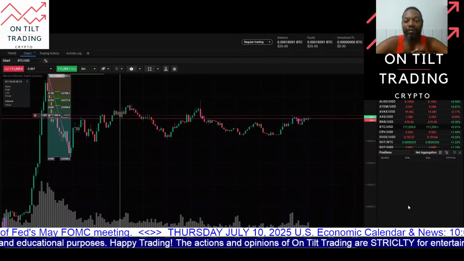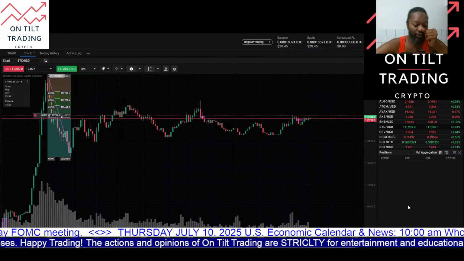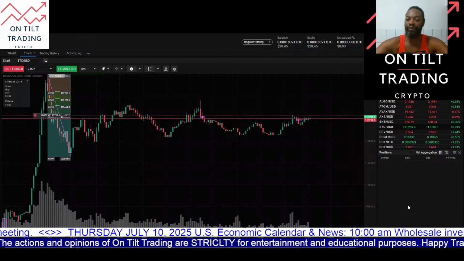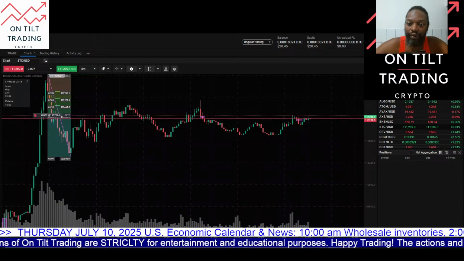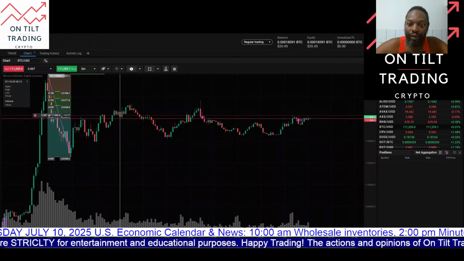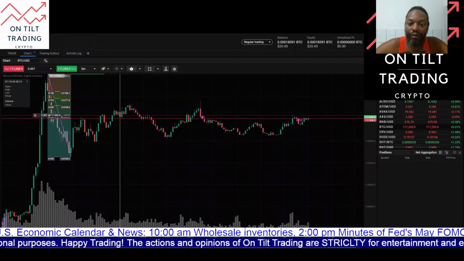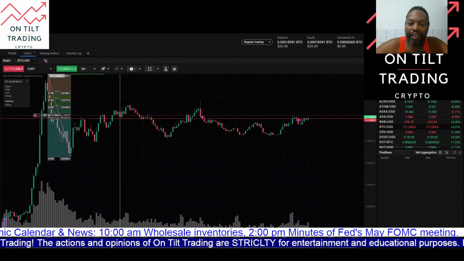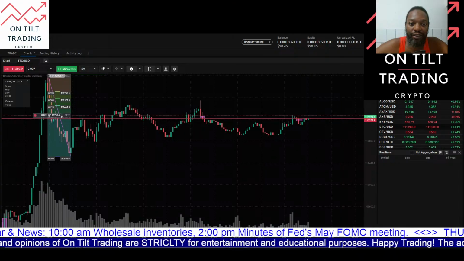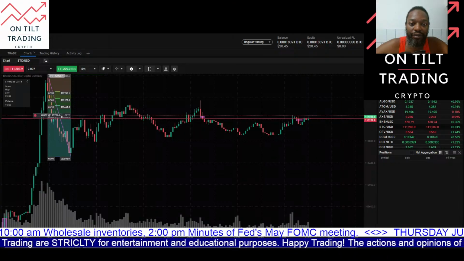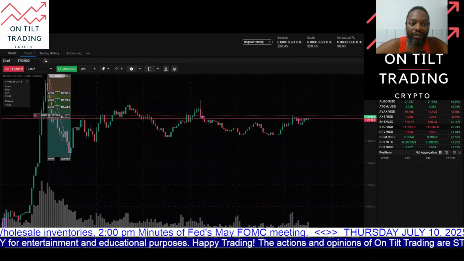Be interesting to see if price action will sweep out this liquidity here. I wonder if there's going to be some buy-side liquidity resting above here. Also, there's going to be buy-side liquidity resting above here.